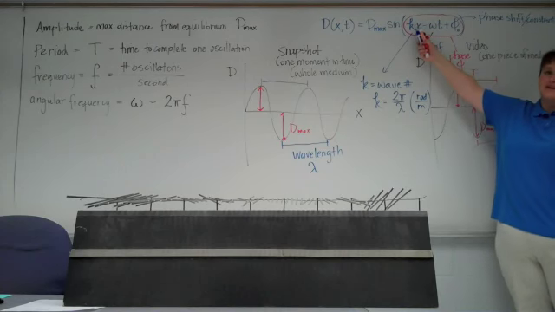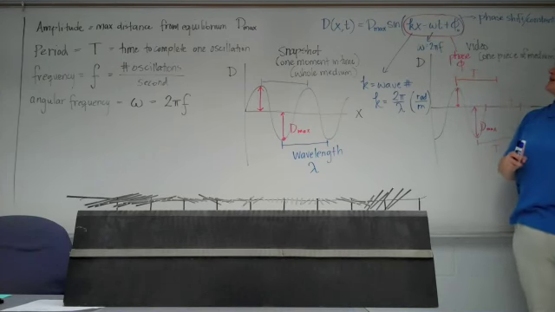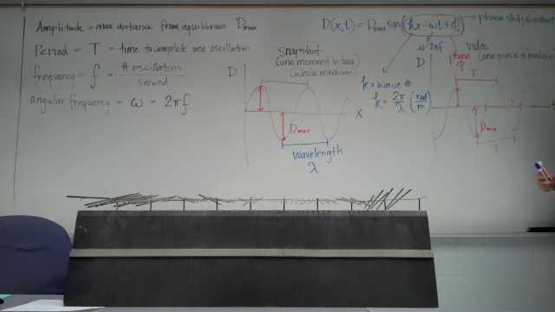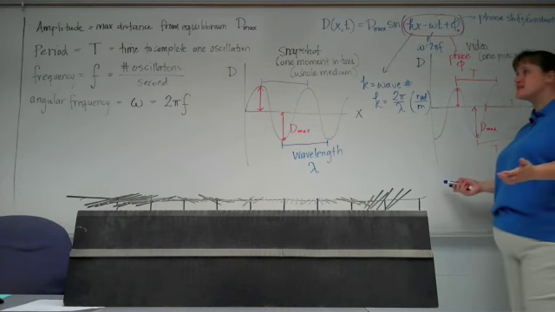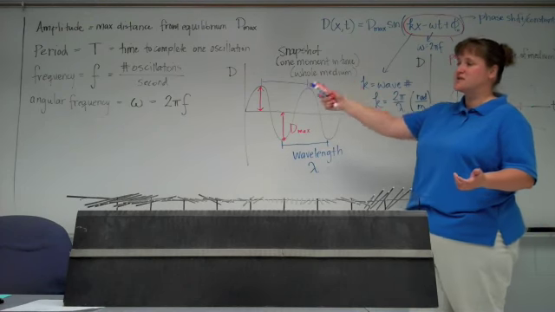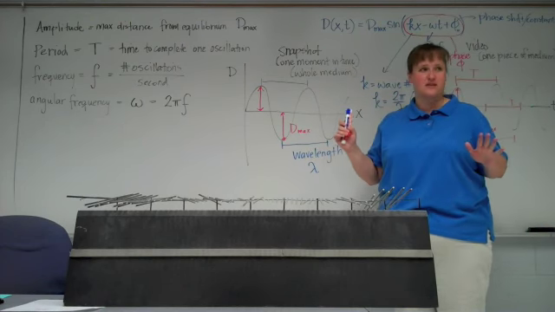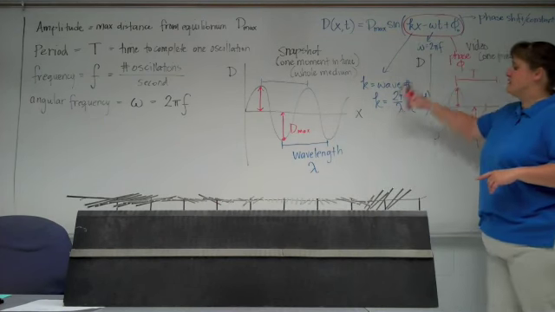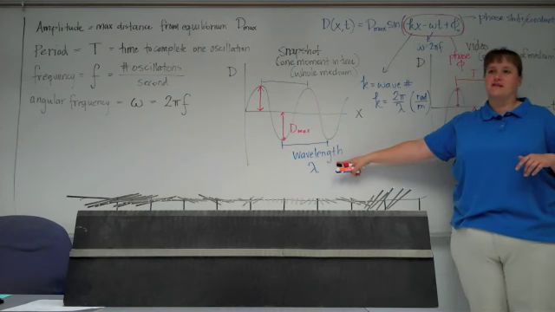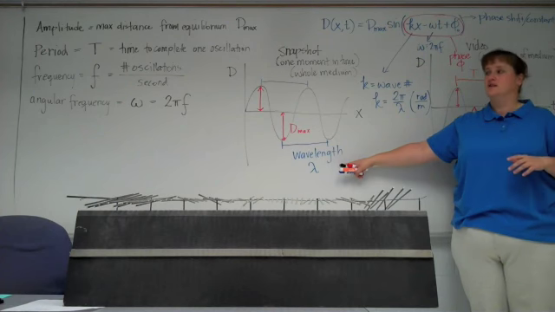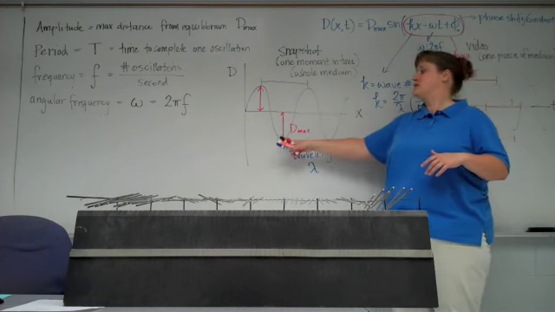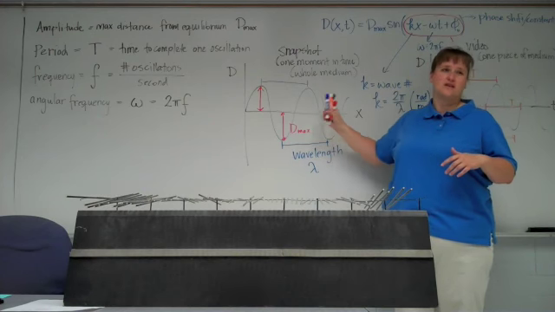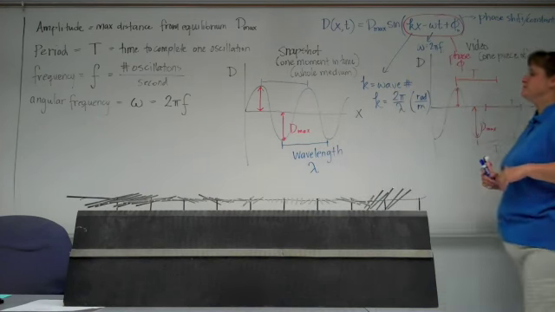X is wherever in the medium you're looking at, t is what time you're interested in. We have some familiar concepts: amplitude, period, frequency, angular frequency. We've already talked about those in 2210. That should be familiar. The new piece that we have is this wavelength. So the wavelength is the physical, actual distance in meters from peak to peak or valley to valley, from any one point to the identical point.